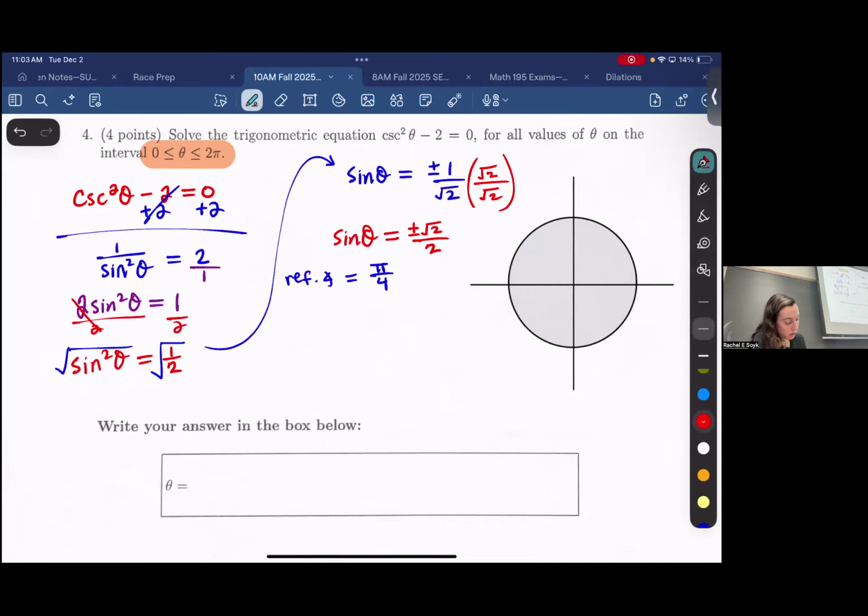So our first one is going to be pi over 4. What about in our second quadrant? Yeah. What about in our third quadrant? Yeah. And last quadrant?